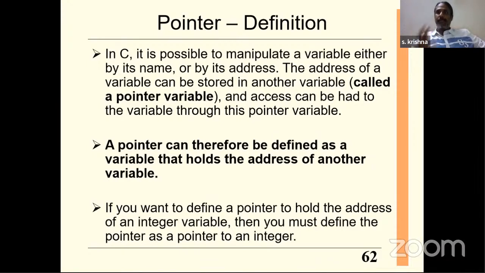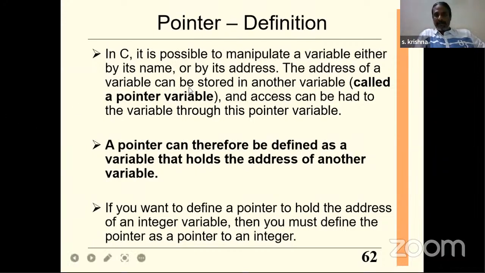So your data can be accessed either by giving your name or by giving your Aadhaar number. That is the beauty of C programming: we can access the content of the variable either by the name, or by using its location, the address, we can change it.